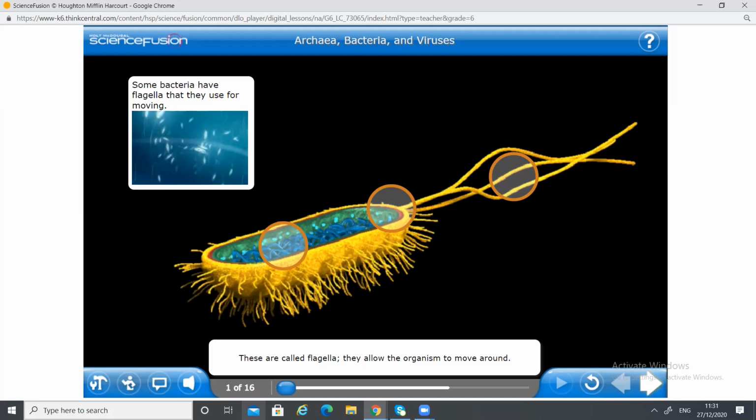Okay, eukaryotic, that is multicellular, organisms have a nucleus, but these unicellular bacteria do not have a nucleus. So the DNA is not in the nucleus. The DNA is in the cytoplasm.